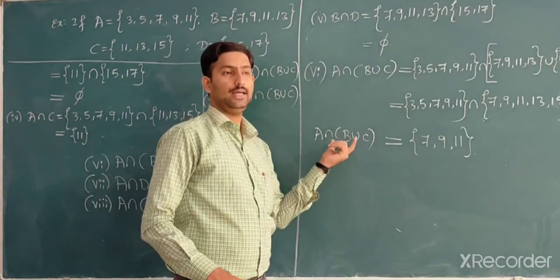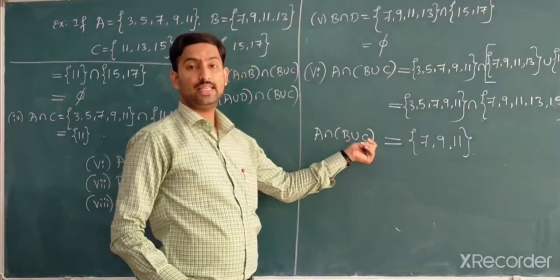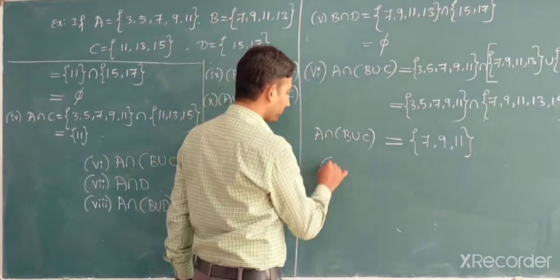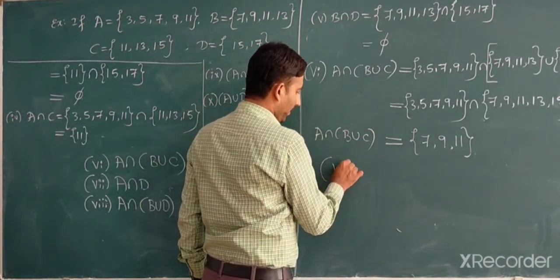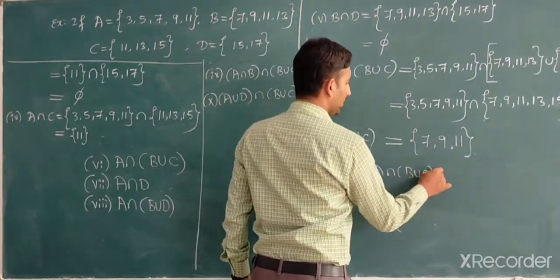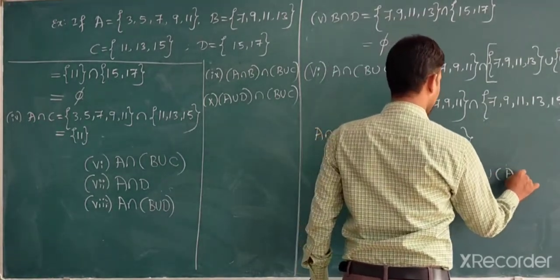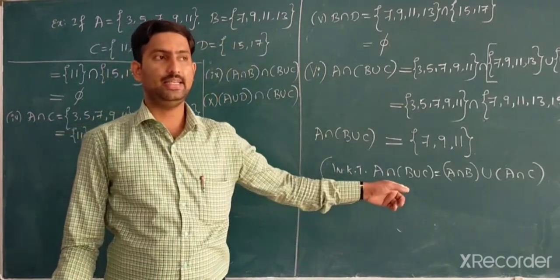This left hand side, A intersection B union C, is the same as A intersection B union A intersection C. I will write here A intersection B union C equals A intersection B union A intersection C. Correct? Which property is this?